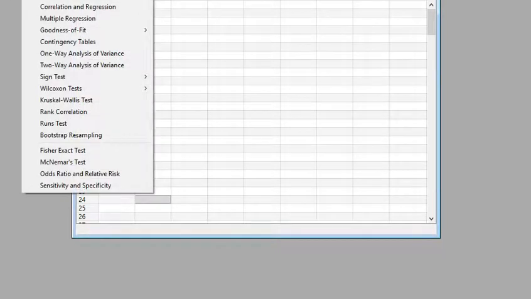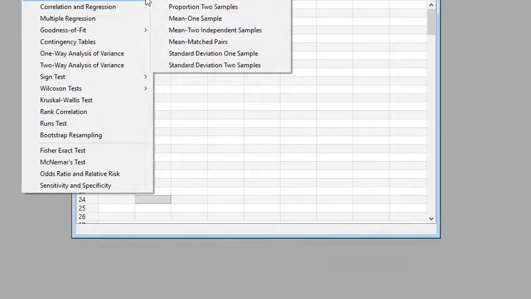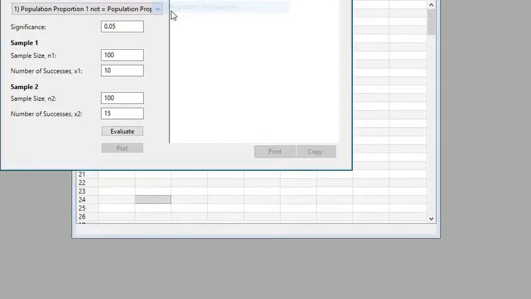So let's go to StatDisk, down to hypothesis testing, and then proportion two samples. Now you have to be careful what data you put in what column. So in sample 1, let's put the significance level here, 0.01.